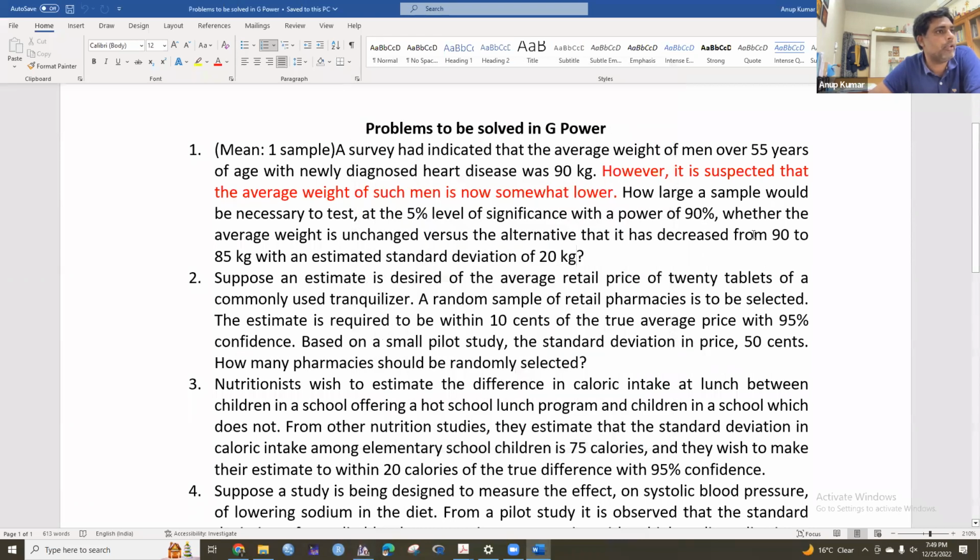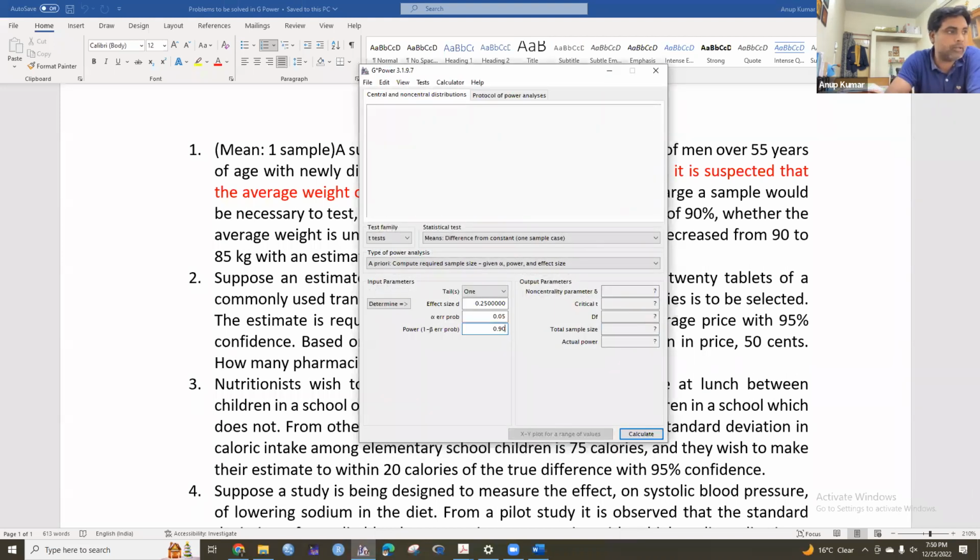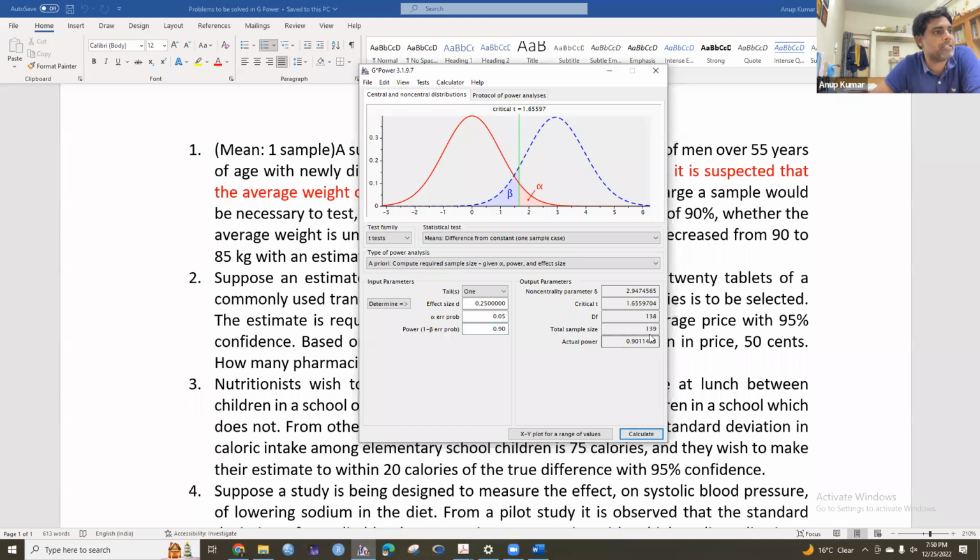Now here, the power is 90%. So instead of 95, just put in 90 and calculate again. The sample size comes out to be 139. So he needs at least 139 patients to test this particular hypothesis. Got it?